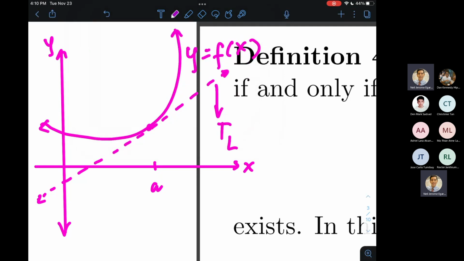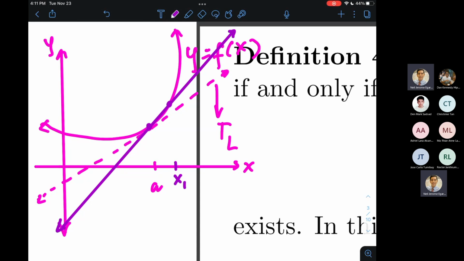Okay. Halimbawa, ito si A. Kumuha ka ng isa pang point, say dito. Say, let's call it x1. Kunin mo yung function value kay x1. And then if you draw the secant line, or the line passing through f of A and f of x1, ito yung makukuha natin.